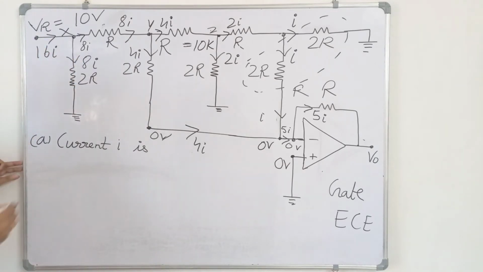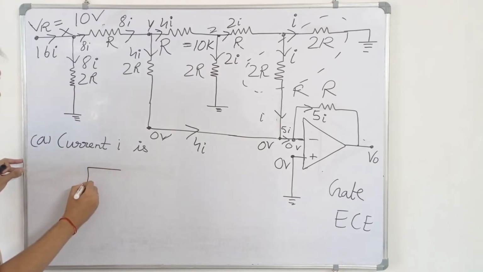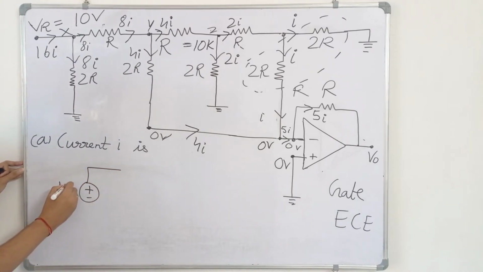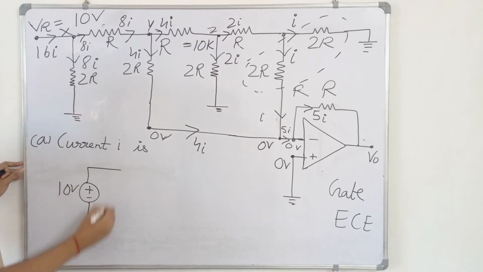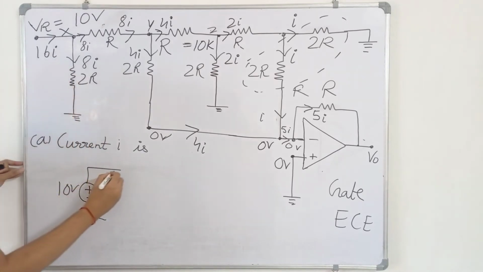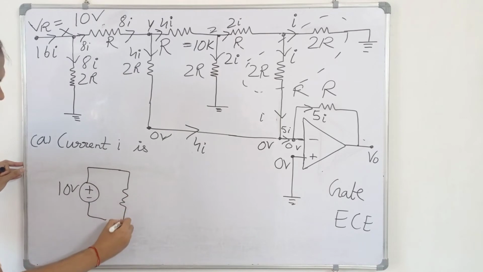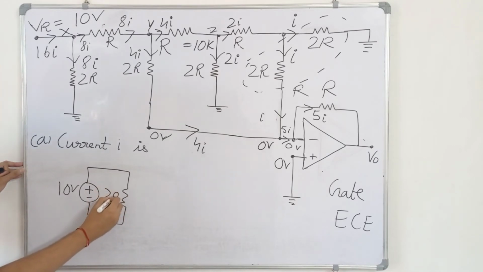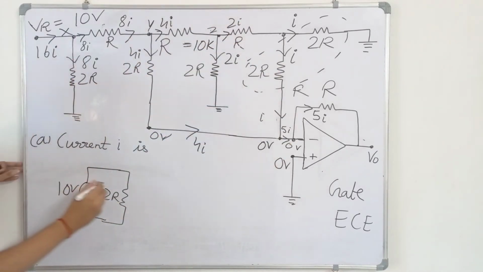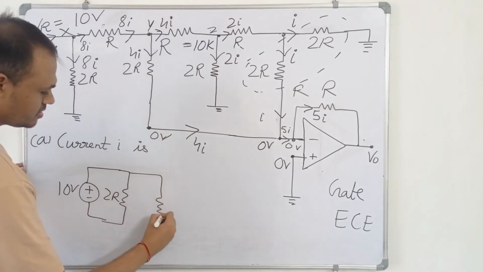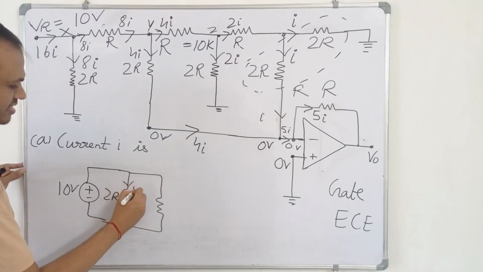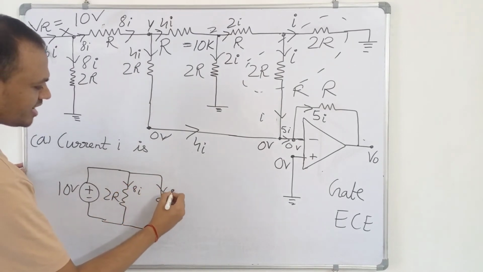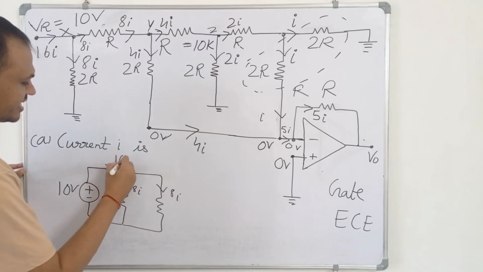And if we draw the equivalent circuit for this node, then positive, negative, 10 volt, this 2R, and this whole equivalent is 2R. So this is 8I, this is also 8I, this is 16I.